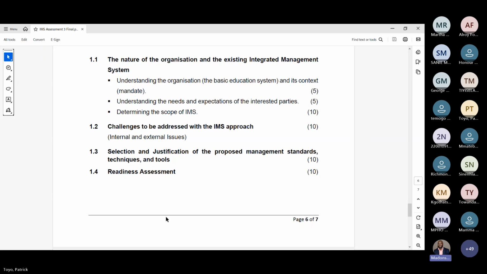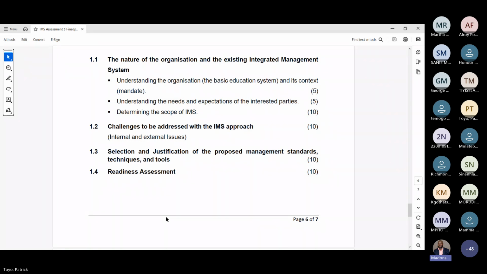I think also the readiness assessment is critical for us as quality practitioners, if perhaps we have been called in by any organization to assess them in terms of readiness for IMS. It is a fixed exercise that we do in terms of looking at the culture, looking at currently how these schools are managed, and then whether there is any aspect that we believe is not well aligned with what we expect.